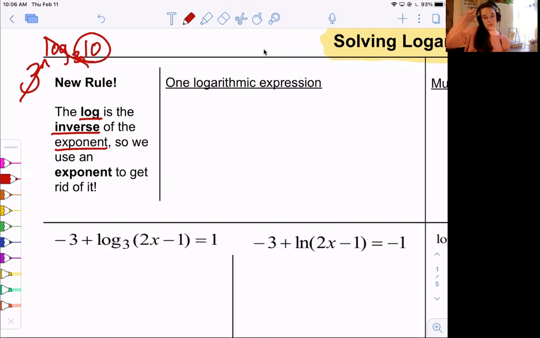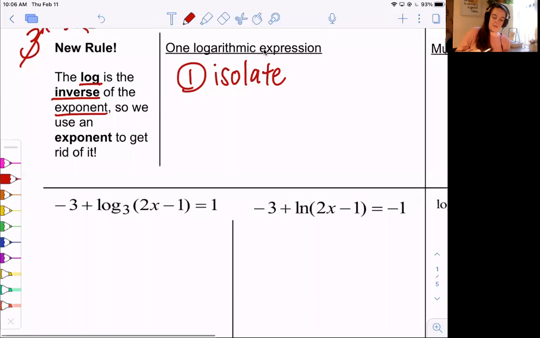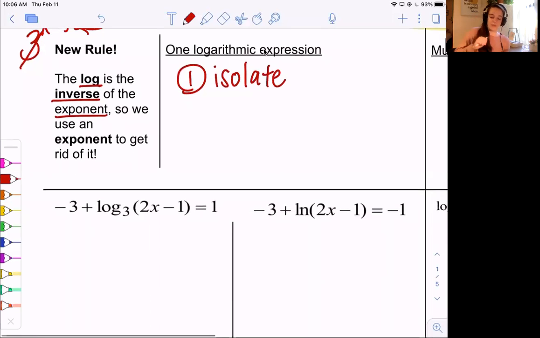Okay. So there are 3 general steps for logarithm equations. The first step is to isolate it, to get it by itself, right? We want to get that log alone. Let's write down all 3 steps first. I'm going to isolate the log. My second step, and I might be making up this word, is exponentiate.